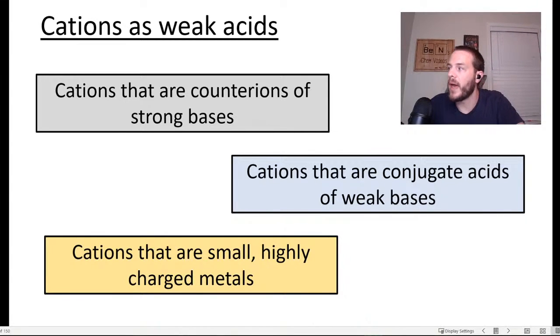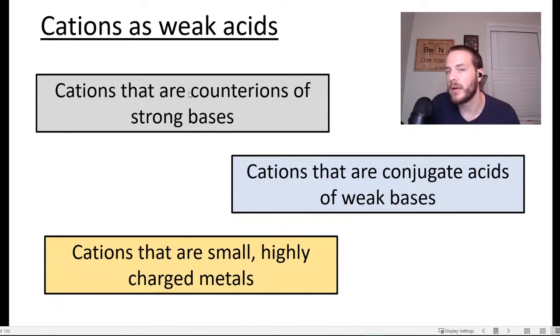Cations fall into two categories. They either act as weak acids or they are pH neutral. Remember, a cation, that's a positively charged ion, right? And cations tend to fall into three different categories. So the three categories are as follows. You have cations that are counter ions of strong bases.